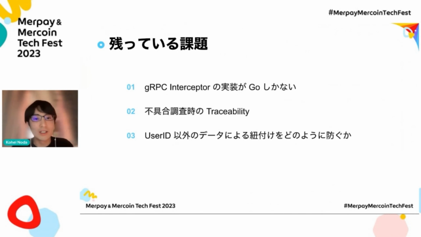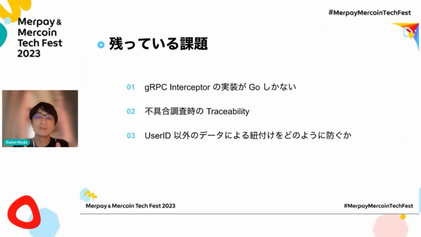Also, traceability when investigating a defect is a problem because it is not possible to link Mercari user data with the actual Mercoin customer data in the event of a customer problem, making it difficult to investigate. We have not yet prepared a good mechanism for this. The last one is the linking of data other than user ID.